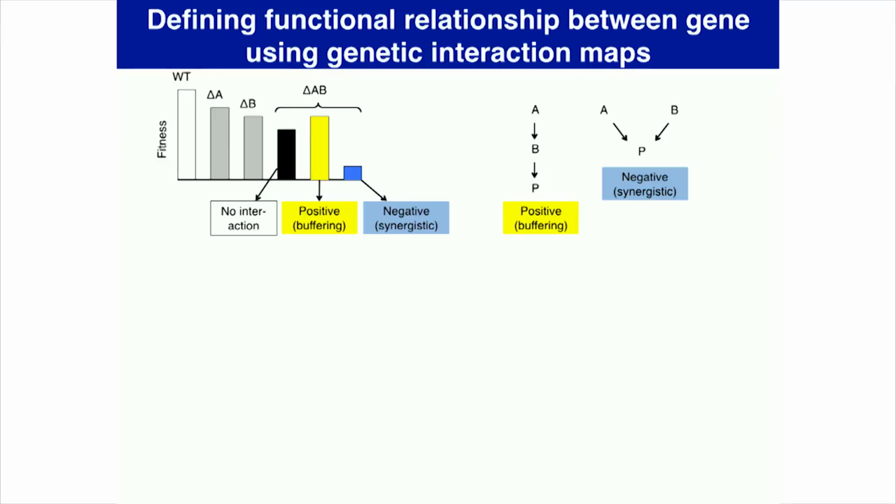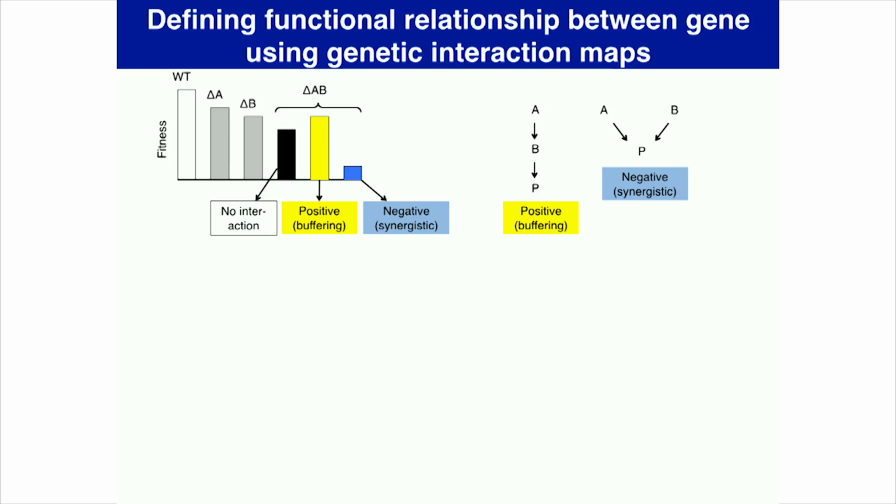So just more conceptually or diagrammatically, we think of positive interactions often as being a linear pathway or binary complexes, where losing A or losing B has the same consequence, which is you lose the product. So once you've lost A, there's no effect of losing B, and vice versa.